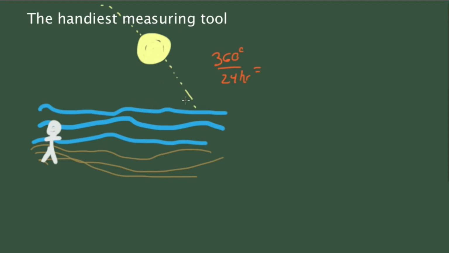It's the Earth that is rotating. But this is from the perspective of a person on Earth. This is equivalent to saying everything is going around us 360 degrees every 24 hours, which is equivalent to saying that it is about 15 degrees every hour. So now I know that everything in the sky apparently moves 15 degrees every single hour.